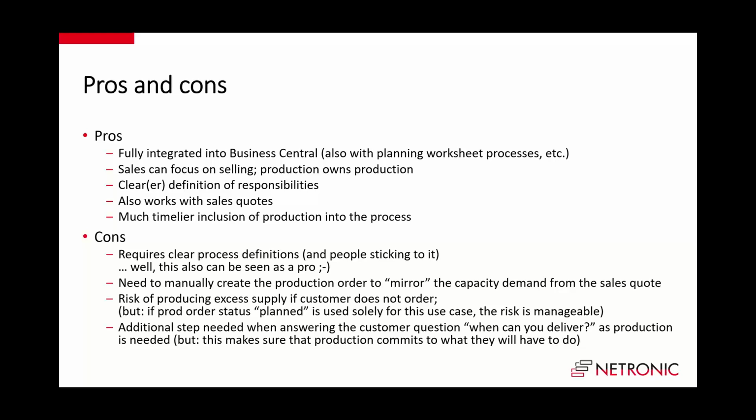However, if the production order status is planned, and this status is used solely for this use case, the risk is manageable, because then production people from time to time can just check their planned production orders and then check with sales if they should still leave it on the system, or if the quote already was turned down by the customer. Also, the planning worksheet will take care of getting rid of some of the production orders with the status planned.